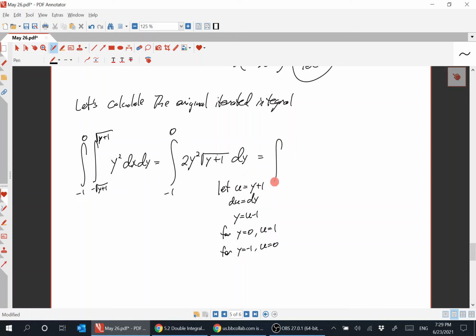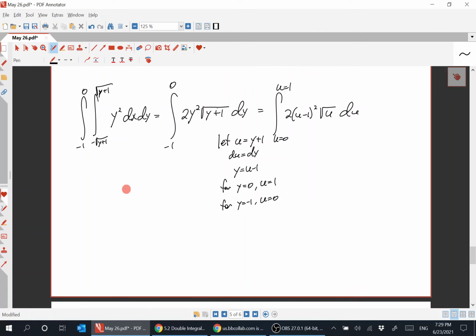So this becomes the integral from u equals 0 to u equals 1 of (u minus 1) squared times the square root of u. See? Now that becomes u to the 1/2, and I can distribute it. So I took the sum out of the square root, and I pushed it over here. And that works out fine.